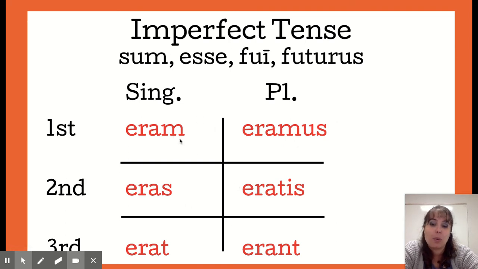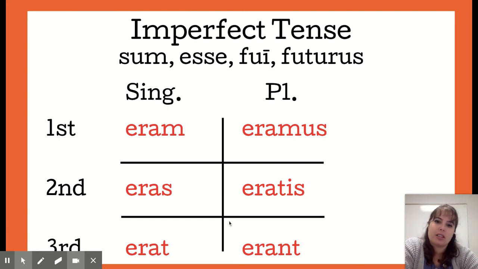So eram, I was, eras, you were, erat, he, she, it was, eramus, we were, eratis, y'all were, and erant, they were. Now, this particular verb, the verb to be in the past, is usually going to use the imperfect tense, just because typically a state of being is inherently an ongoing sense.